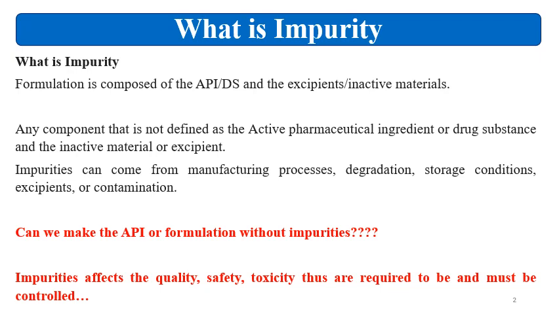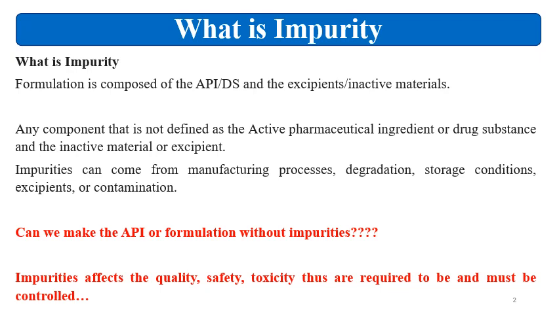But the manufacturing process and degradation on storage condition cannot be avoided in totality. So we cannot make the API or formulation without impurities. Impurities will be there, but we have to control and limit the impurities to within certain levels as given by the guidelines.